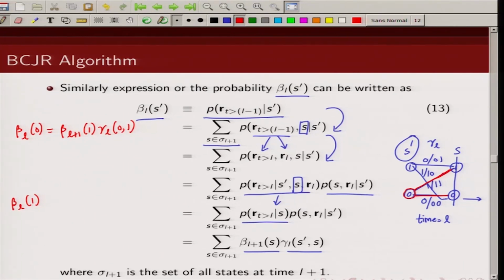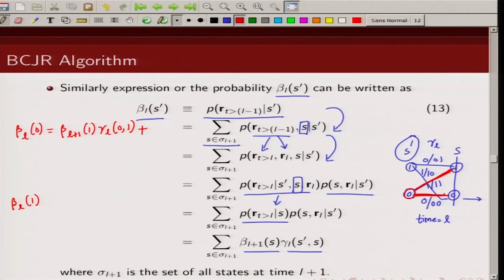So, the contribution of this is beta L plus 1 corresponding to state 1 multiplied by gamma of this trellis section, gamma L when the initial state is 0 and the next state is 1. So, this will contribute this term plus another transition which is this one.